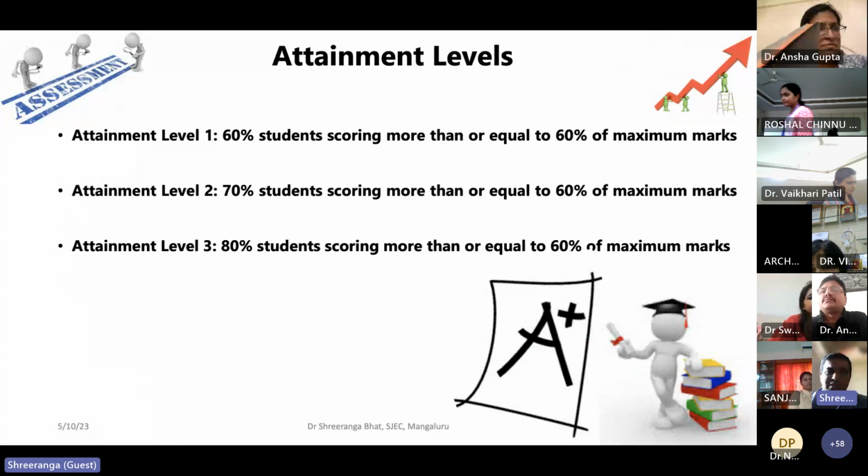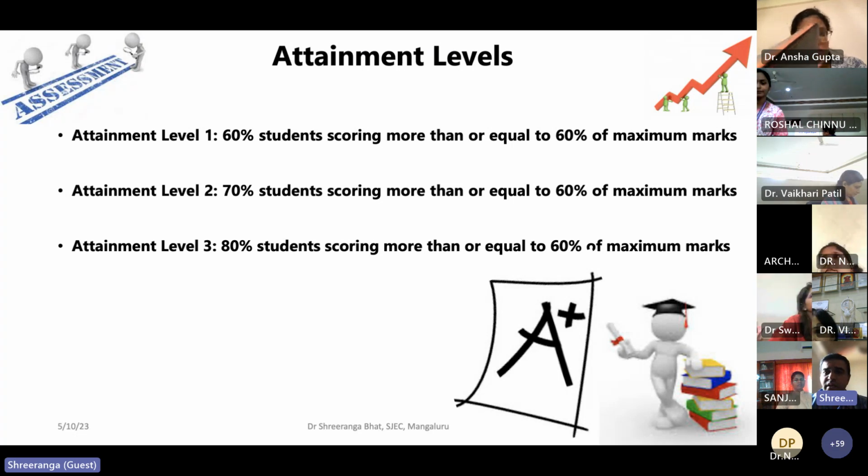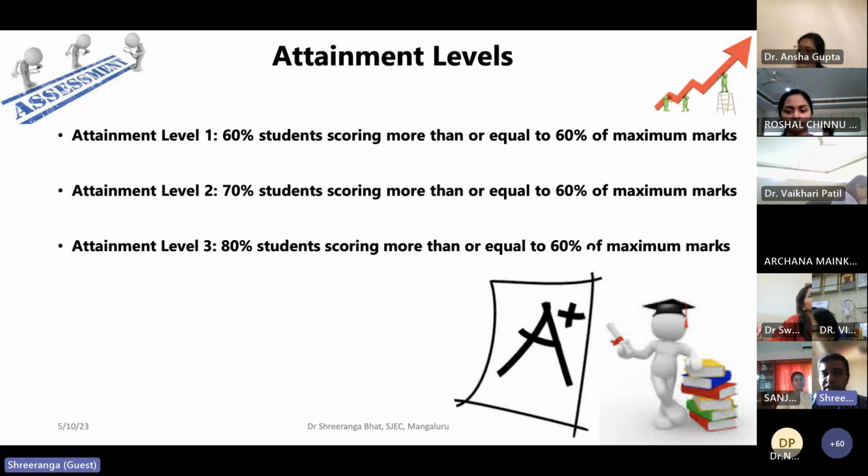Now, this is the statement. This is not the exact statement. This is the general statement that they have given in the NBA document more specifically. However, if you look very carefully at the NAAC self-assessment report or their document, nowhere they have specifically mentioned what should be the attainment level or how the attainment level should be calculated.